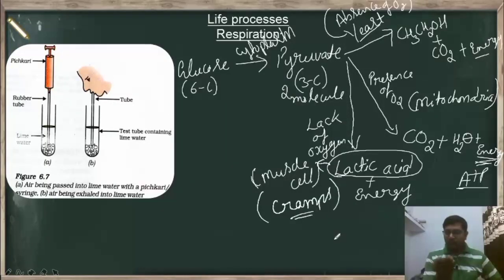As you know, in case of unicellular organisms, since they have only one cell, they directly take in the oxygen or any other gases from the atmosphere by the process of diffusion. But in case of multicellular organisms, it will not happen. For that reason, they have some system. Those systems are called respiratory systems.